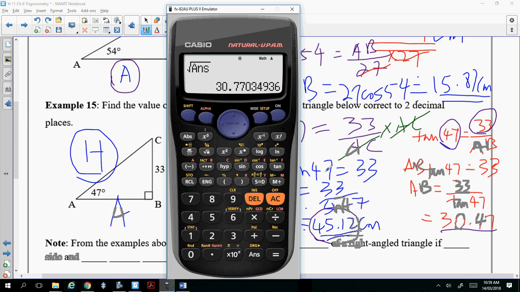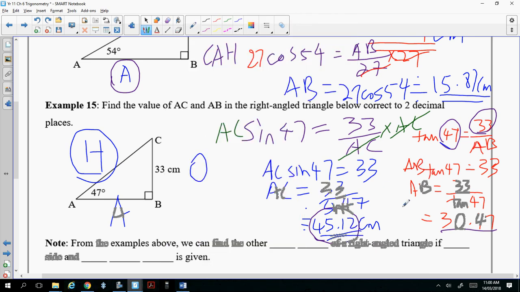Oh, 77. So a little bit off. You can use Pythagoras, but prefer to use the exact answer where possible.